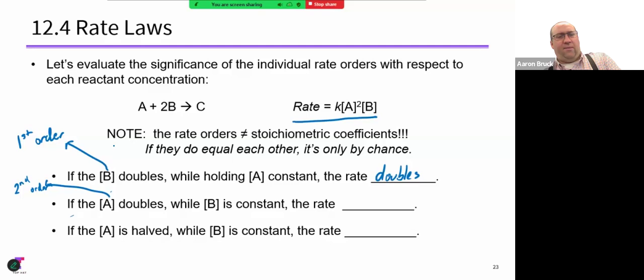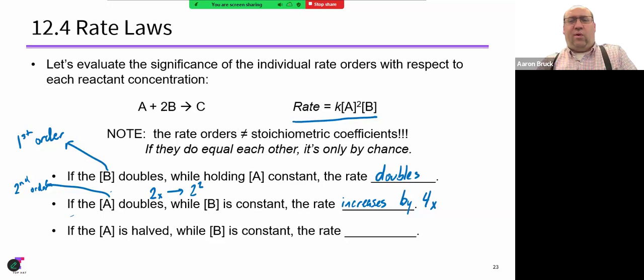So if I am doubling my concentration, the impact is going to be 2 squared. Two squared is 4. So the rate is going to increase by a factor of 4 because it is second order.